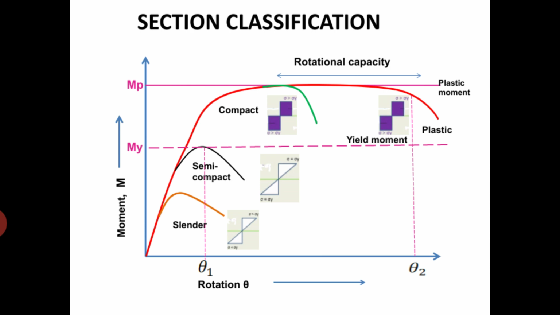So try to understand this section classification curve based on the moment rotation as well as the bending of the beam. I hope you understood this section classification. Please go through it once, and along with this curve please refer to IS 800 2007, page number 17, clause 3.7.